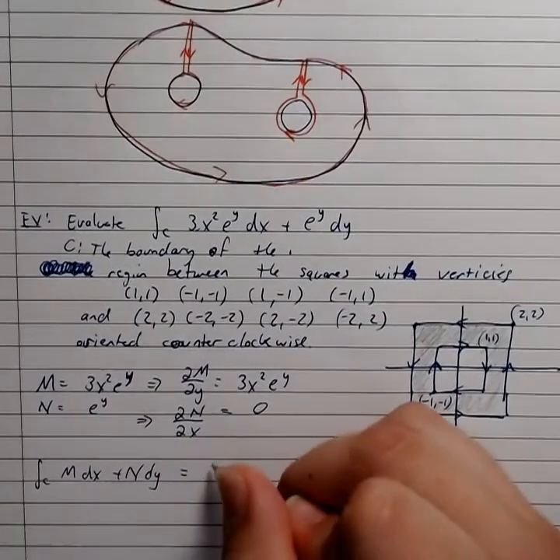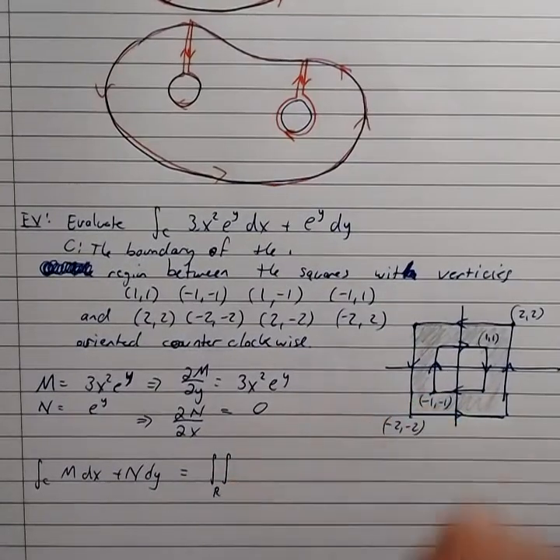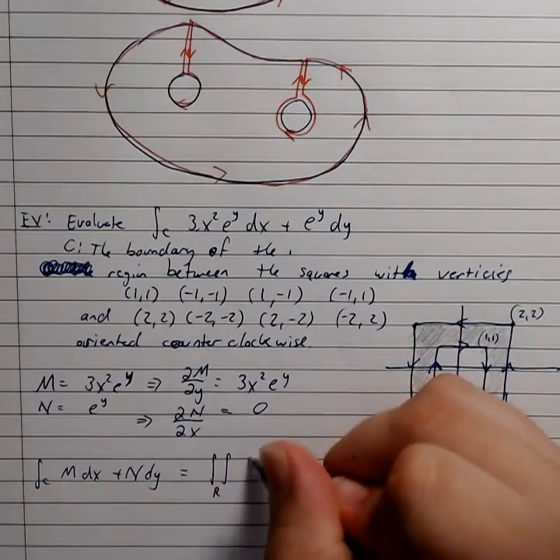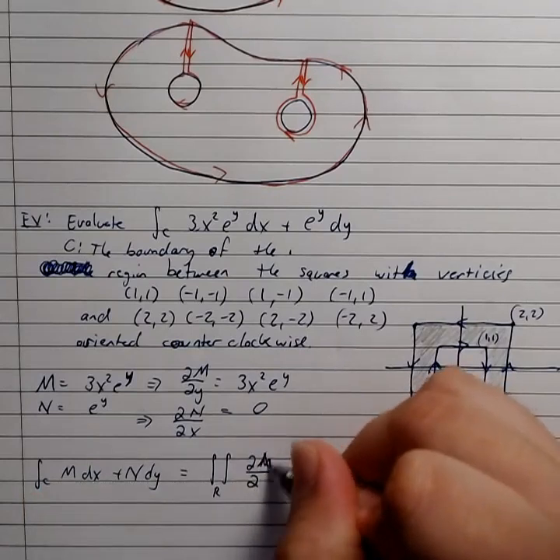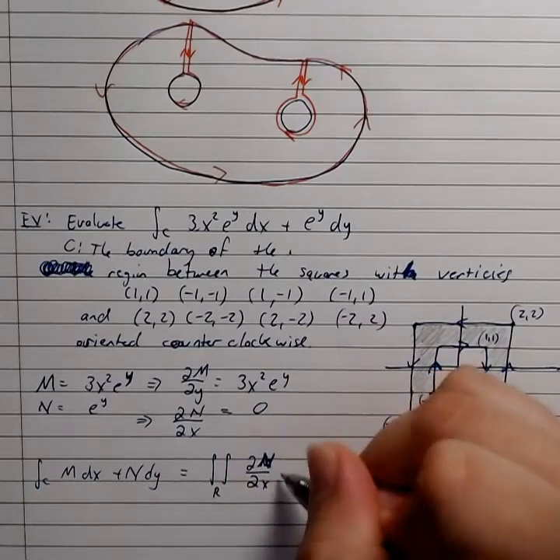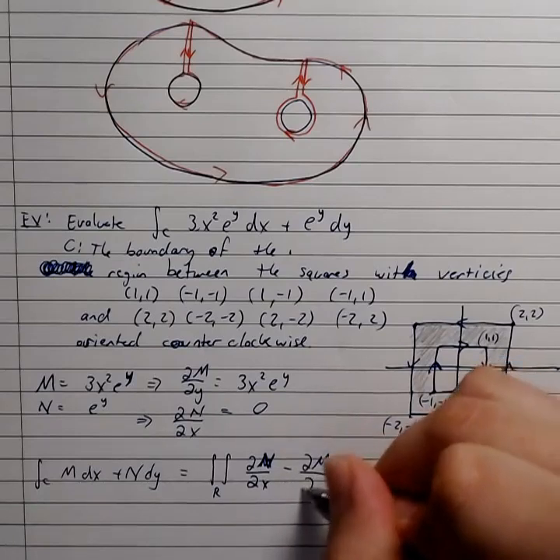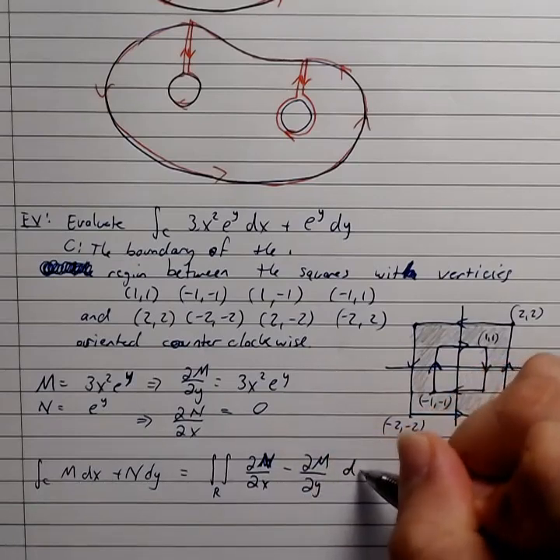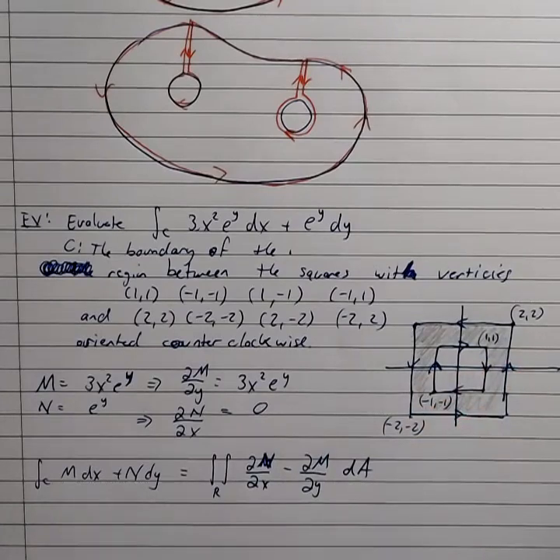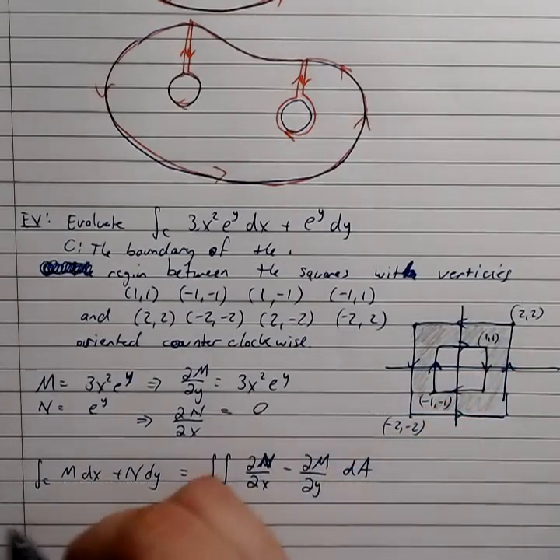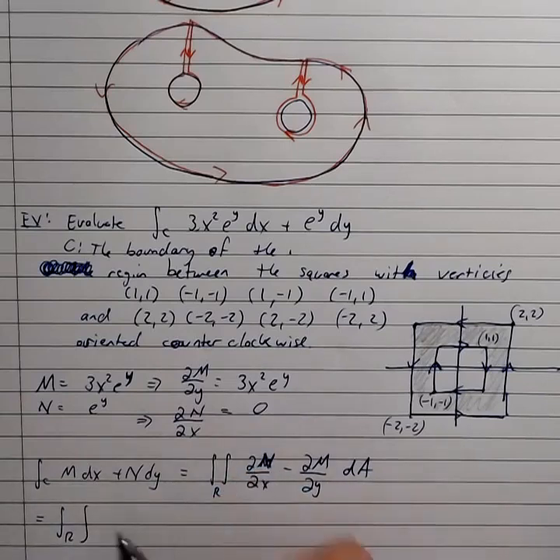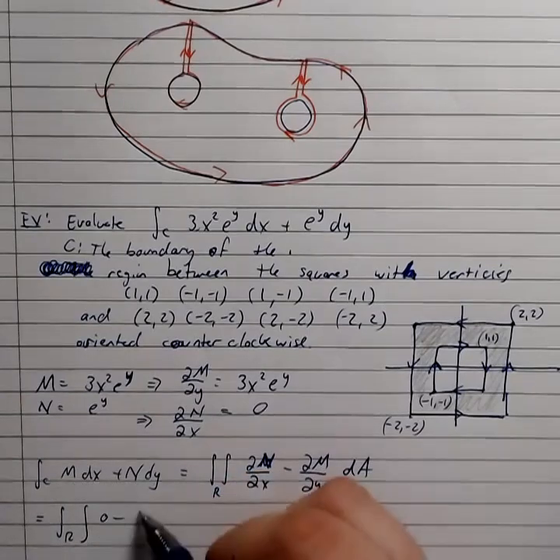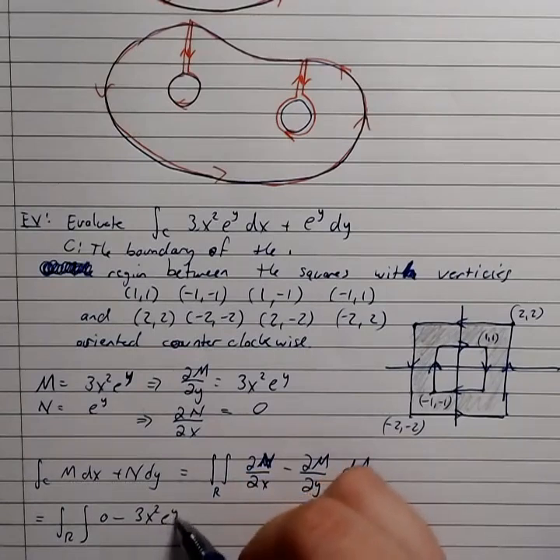We can write that as the double integral over the region R, the region inside of that contour, of del N del x minus del M del y dA, which, given what we just computed, is going to be the double integral over R of 0 minus 3x squared e to the y.